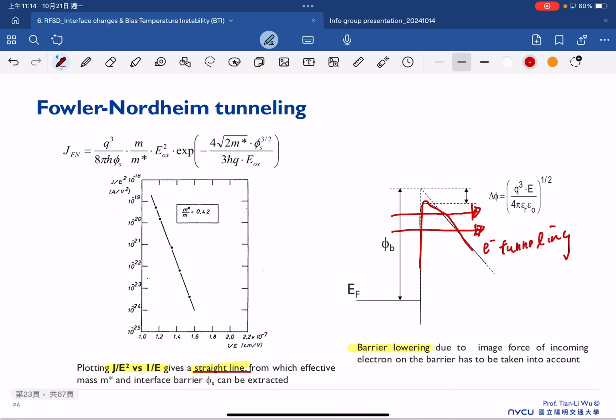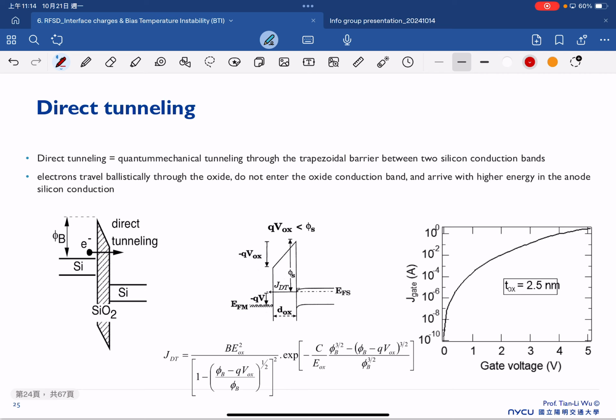And the next one is what we call direct tunneling. So direct tunneling, as you can see here, is because now our dielectrics become very thin. So it doesn't matter whether we need to have the triangular barrier or not. The electron can already direct tunnel to the right hand side, even if it's not through the triangle barrier.